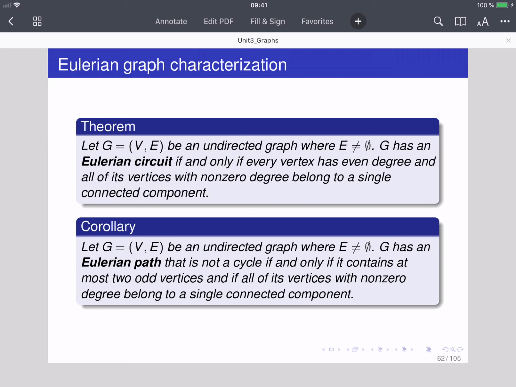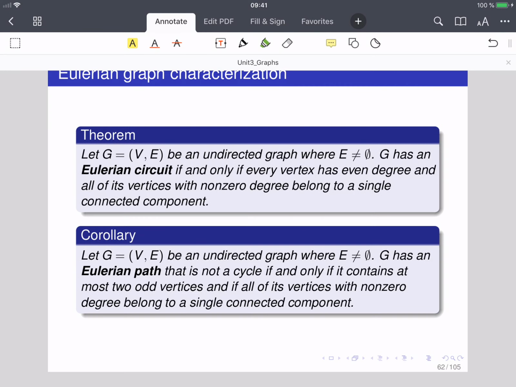We have a path without edges, which of course consists of all the edges in the graph, once and only once. So we are interested in cases in which there is at least one edge in the graph. And what we have here is a result that is surprisingly simple.